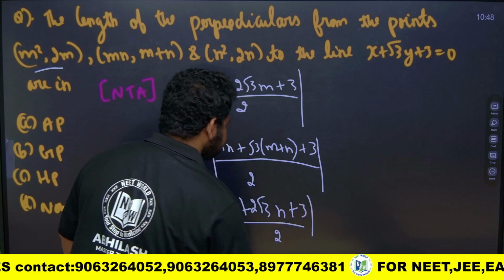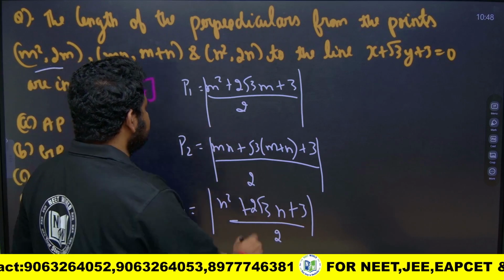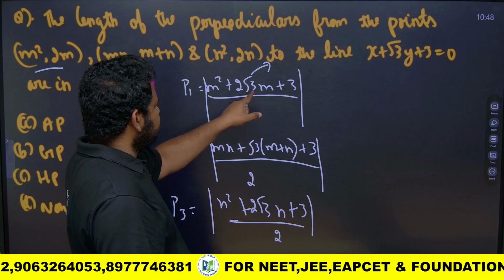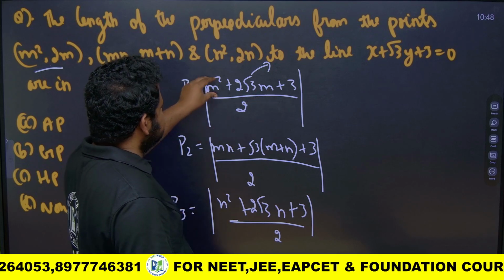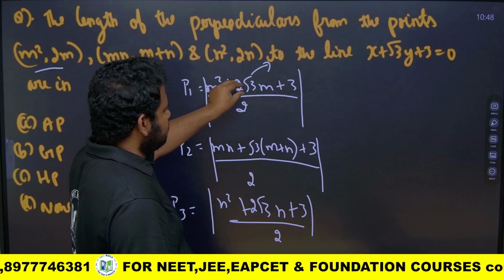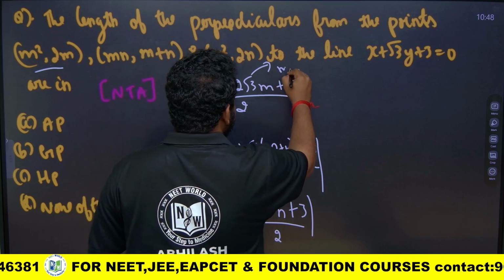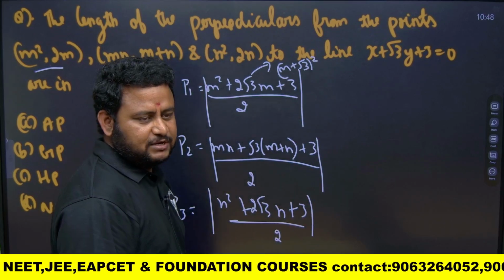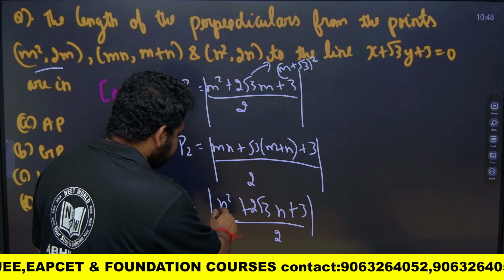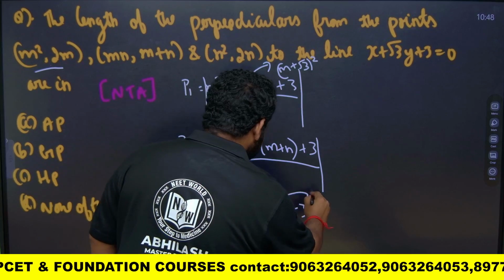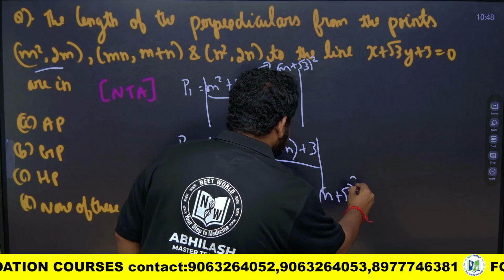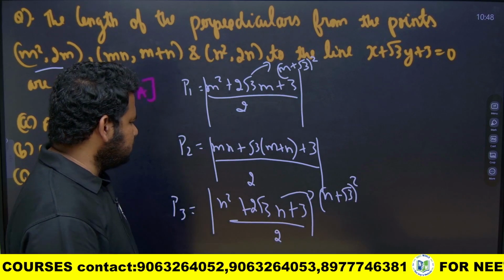Now see here, this I can write as m square plus 3 plus 2 root 3 m, that is a square plus b square plus 2ab, which is m plus root 3 whole square. Similarly, this can be written as n plus root 3 whole square.